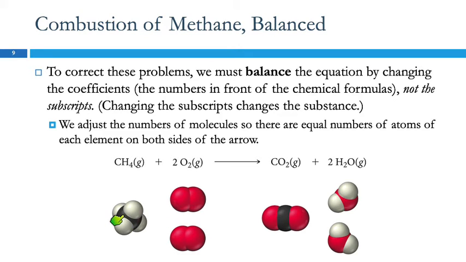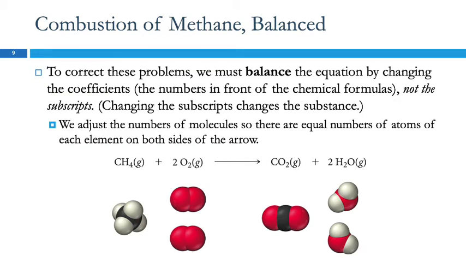It was with hydrogen over here, but now it's with 2 oxygens. So we used up 2 of these, and the other 2 are over here, each with 2 hydrogens. So we need a 2 in front of the water molecule. In this way, we can rearrange the starting pieces and make the products, and we don't have any left over, and we don't need to borrow any atoms from anybody.